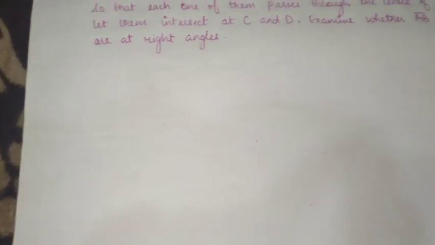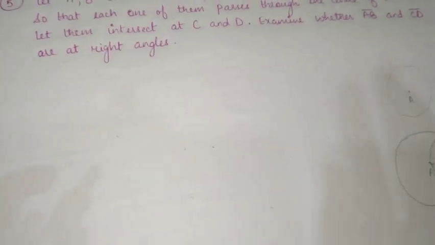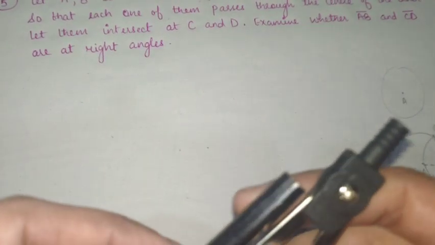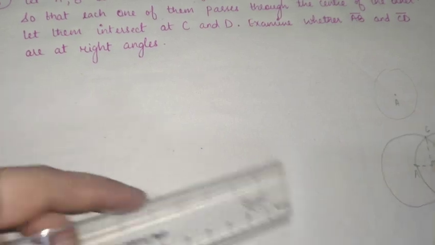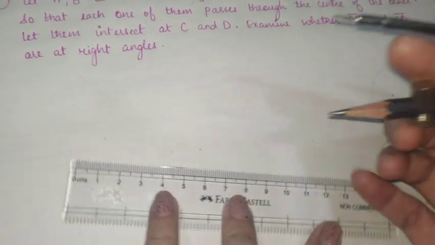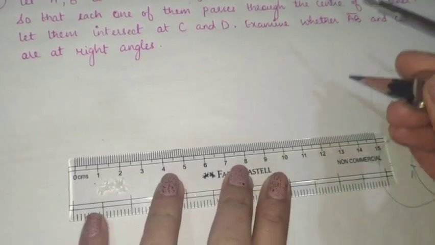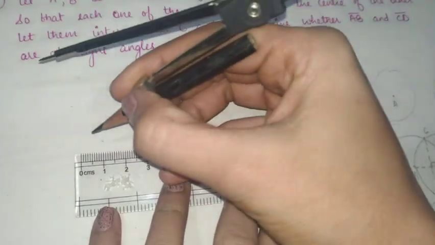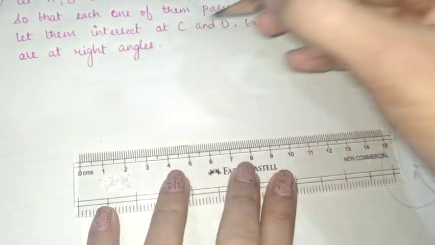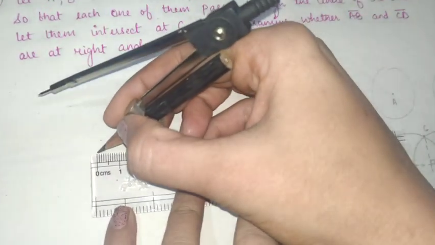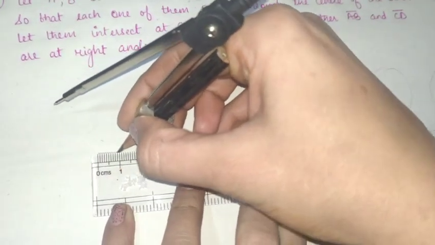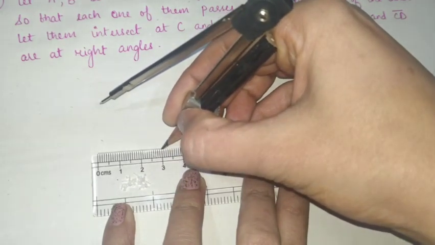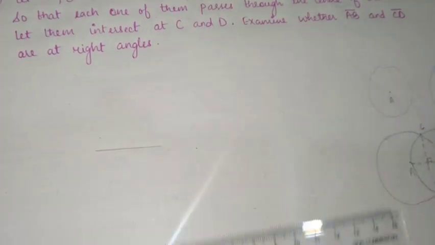So how we'll do it is, since the radius of the two circles needs to be the same, we'll just draw a line. Just have a look. I'll just draw a line of 3 centimeters, say. Like this.